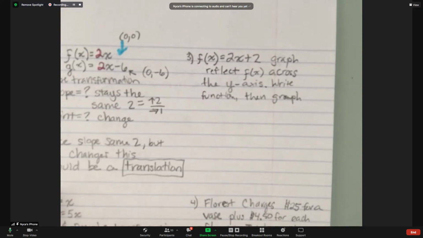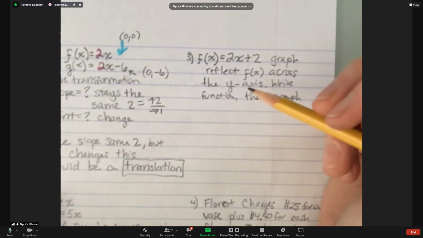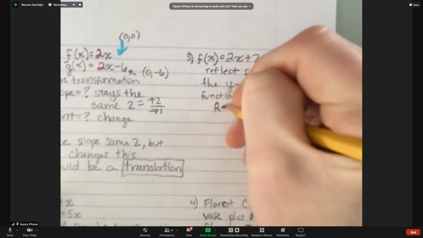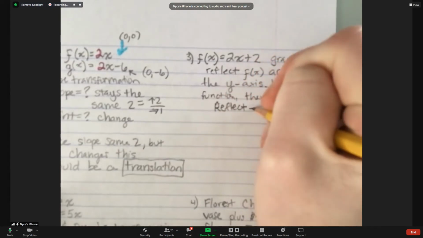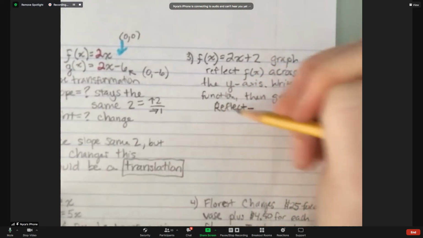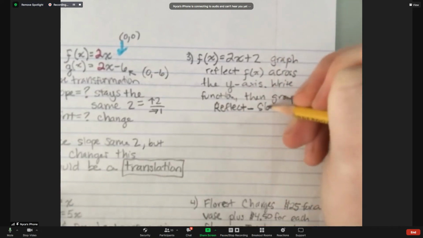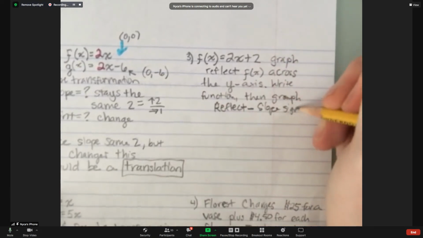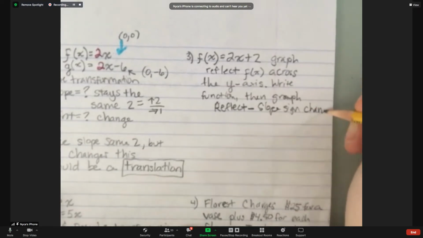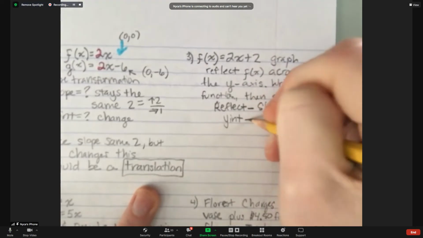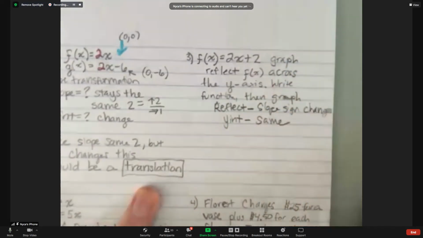Okay, what you need to do is figure out what is the rule for when you have to reflect. So when you have to reflect your work, what do you want to memorize? You just need to think that your slope sign changes, your y-intercept stays the same.